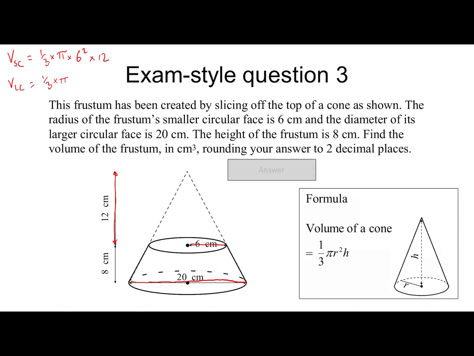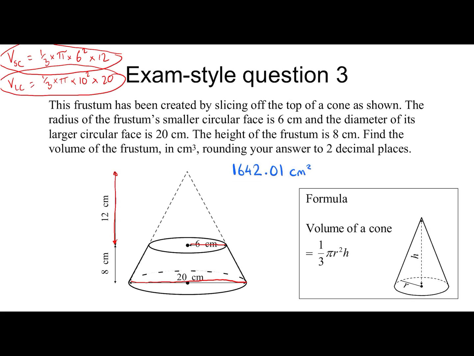It would be 1/3 times pi times 10 squared, not 20, because the diameter is 20, not the radius, times the height of the whole cone, which would be 20. All you're going to do is take this answer and subtract this answer here. That should give you, rounding off to 2 decimal places, the answer in centimetres cubed.